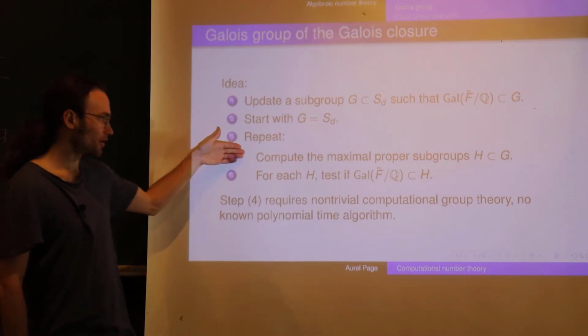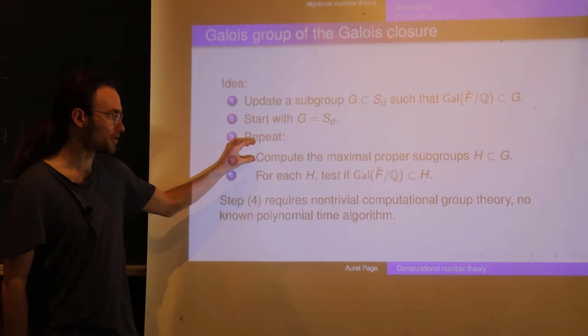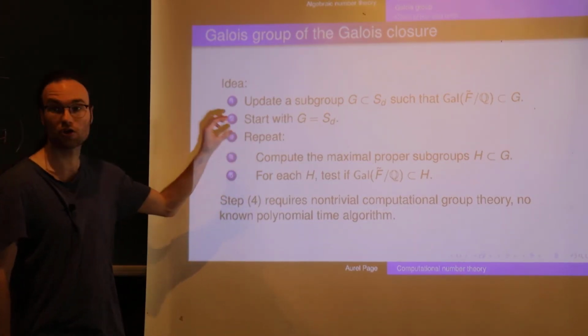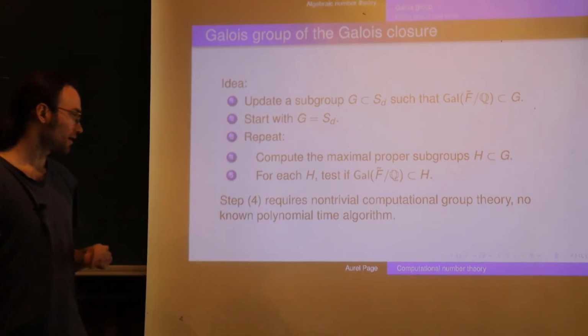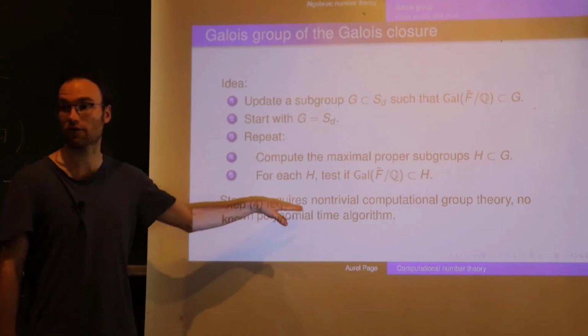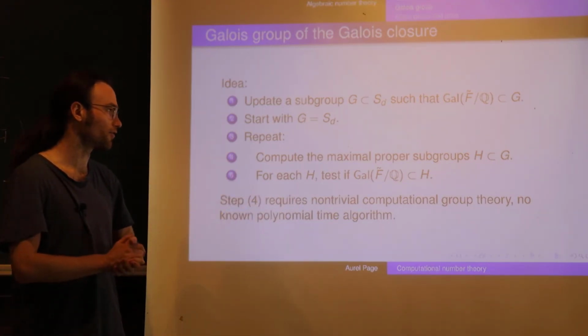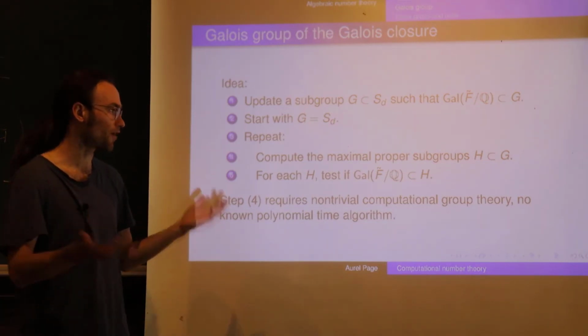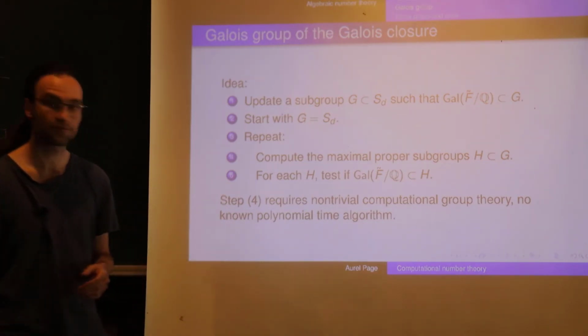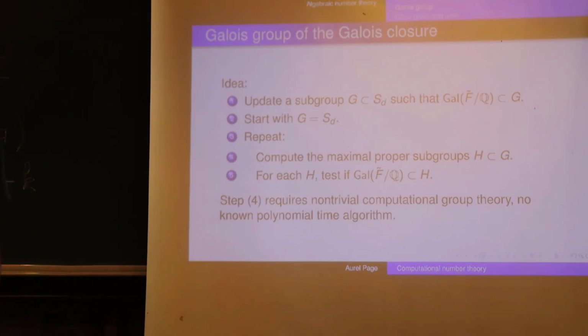So, step 4, I'm not going to tell you more about it. This is quite non-trivial computational group theory. And in fact, there's no known polynomial time algorithm to do that. But there's a variety of methods and tricks that make it fast in many cases, but I'm not going to say more about it.